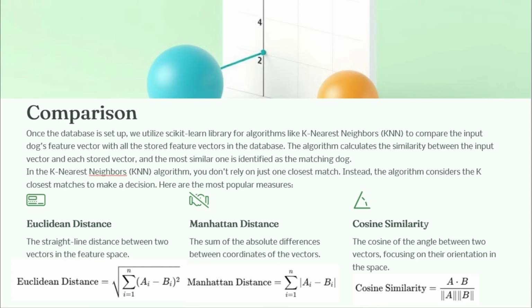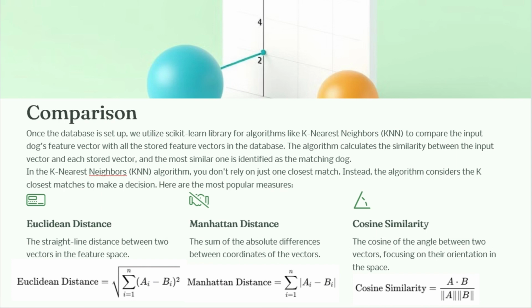Now comes the exciting part, comparison and matching. We use an algorithm called K-nearest neighbors to compare a new dog's feature vector with all the stored vectors in the database. KNN measures the similarity between the new dog's features and those of known dogs.